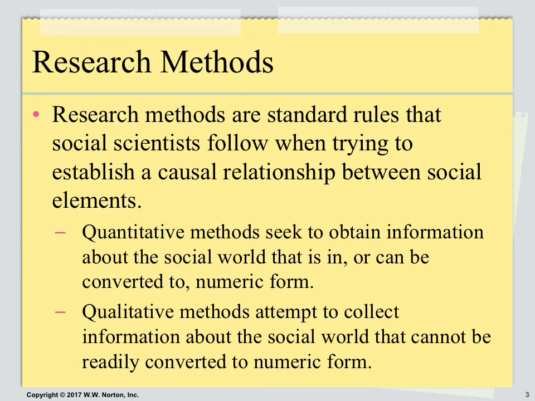Quantitative methods are usually survey based and collect data from a very large number of people, and then that data can be quantified and converted to numeric form. Qualitative methods are very different, but let me give you an example of a quantitative method.